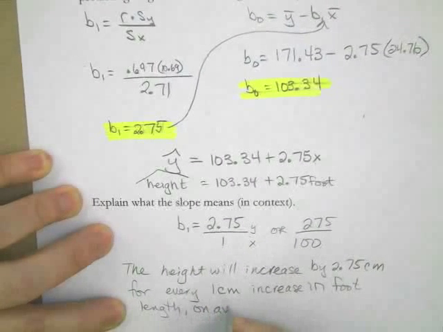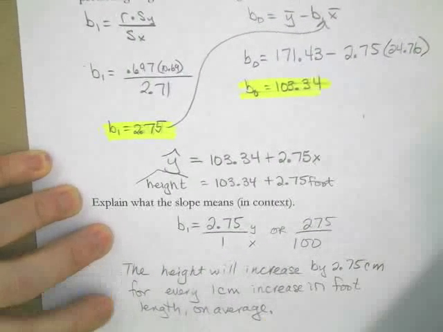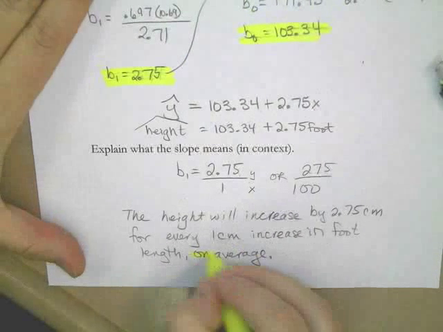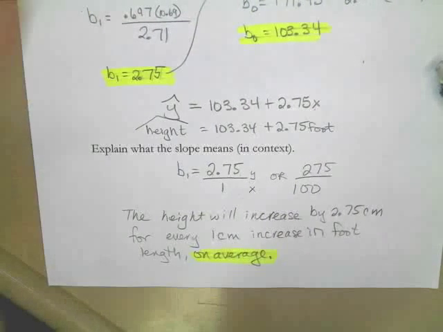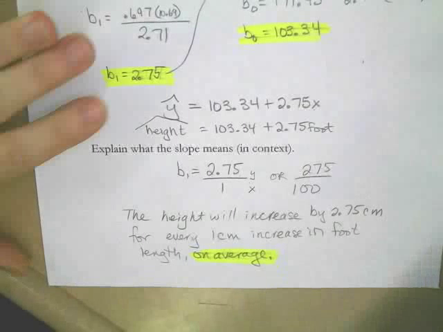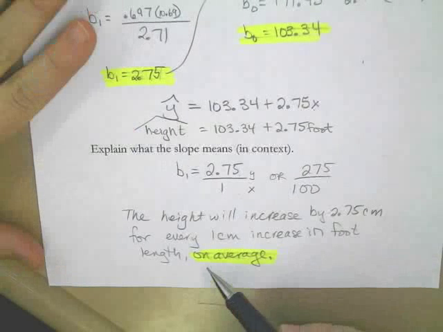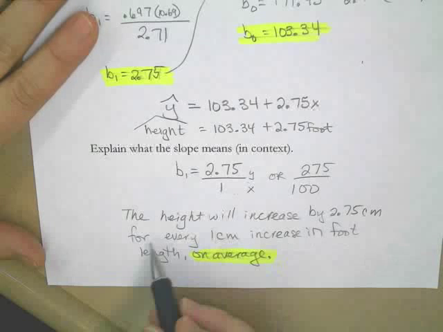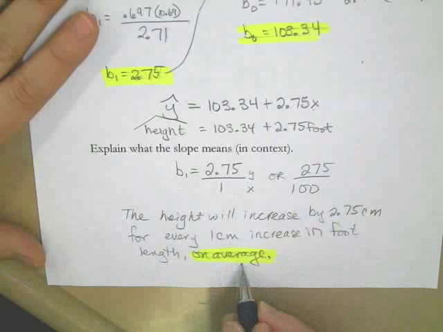This is probably the biggest thing right here, including this on average. If you do not include the on average, that means it's set in stone and it's exact, but because things change, that's why it's on average. So somewhere when you describe your slope, you have to say that it changes this much on average.